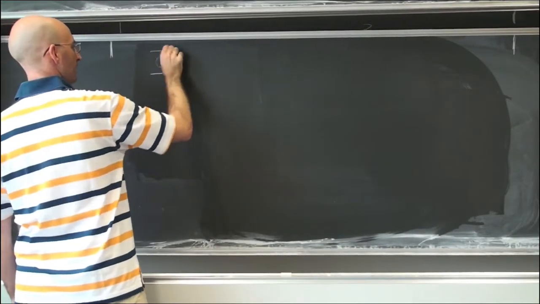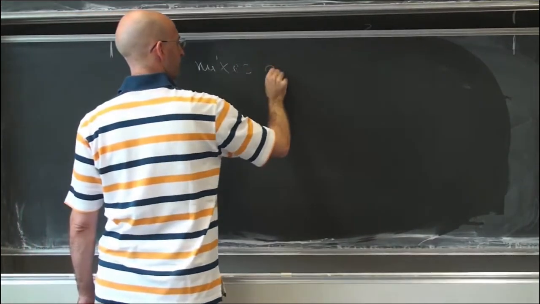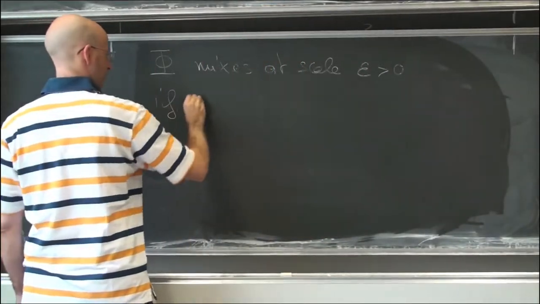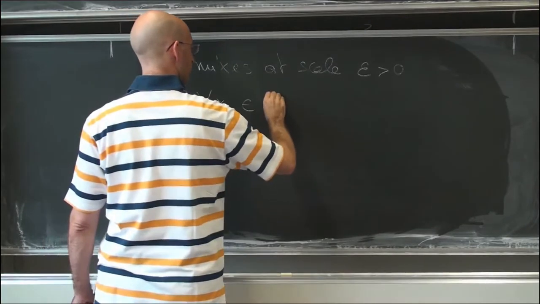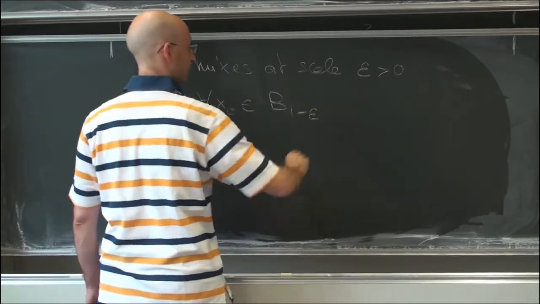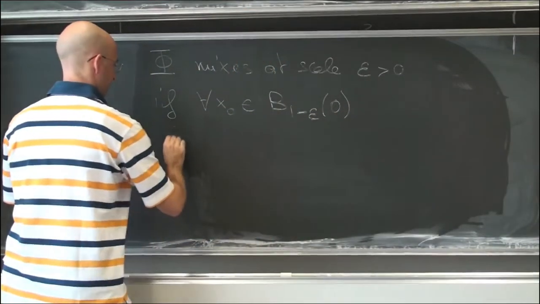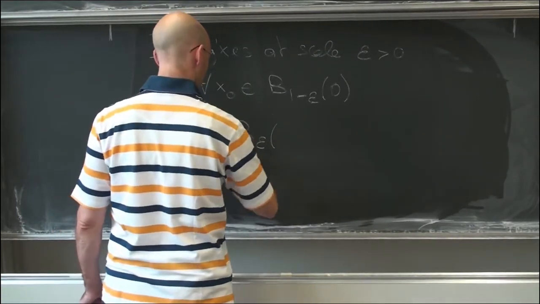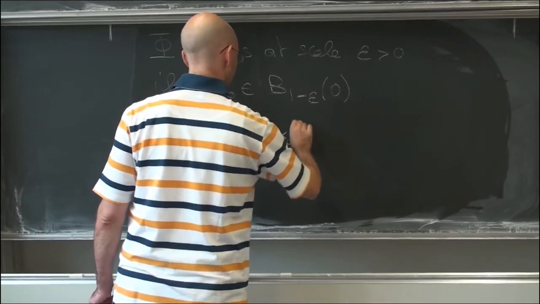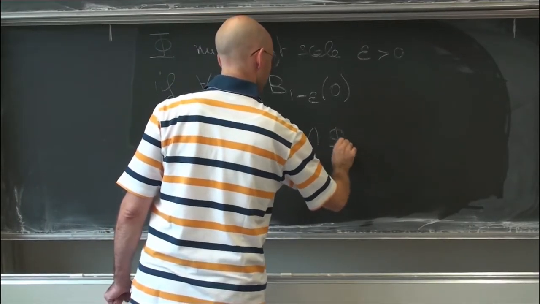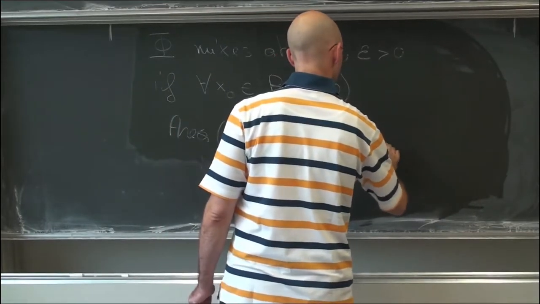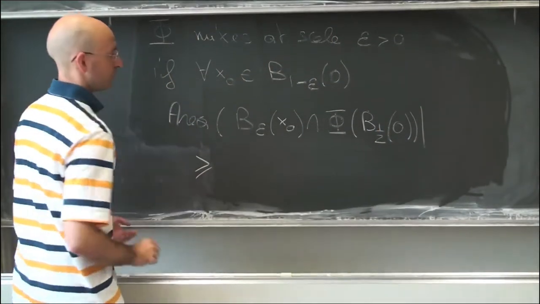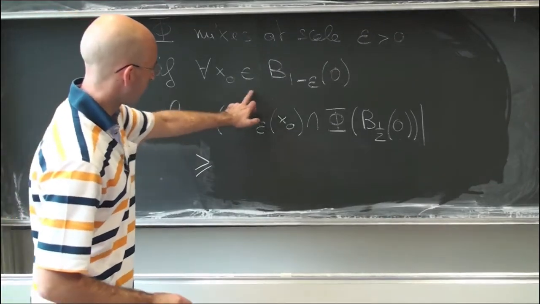So we say phi mixes at scale epsilon if for every point x0 in your pot which is at distance epsilon from the boundary, the kirsch occupies an area in the disk of size epsilon centered at x0 which is at least 1/8 of the total area of this disk.